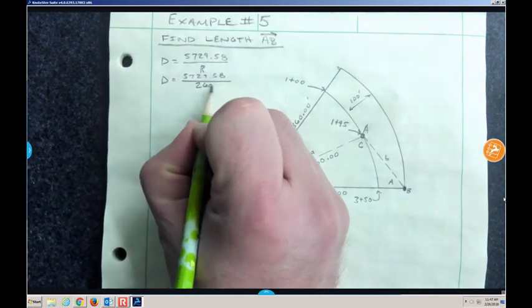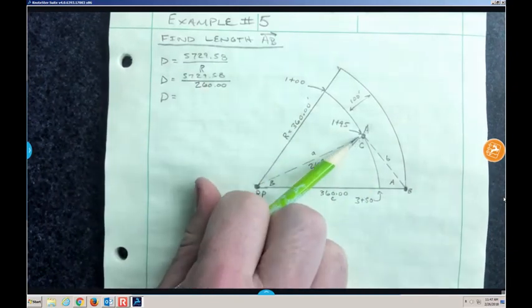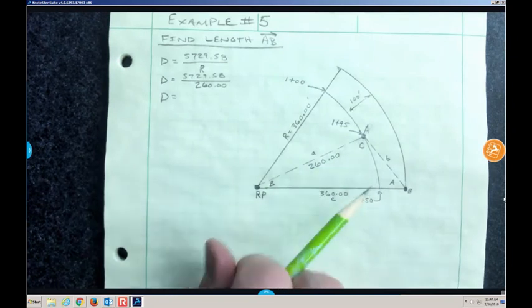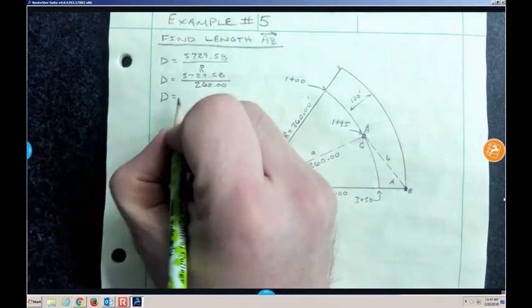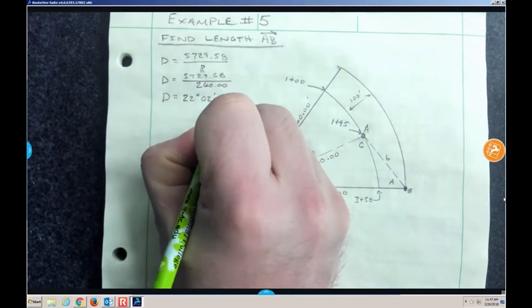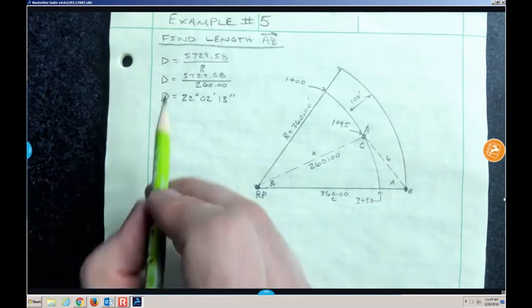We're going to use 260, because we're trying to find out I for the small curve here. I for the small curve. So what's D? 22 degrees, 02 minutes, 13 seconds. So that's D.